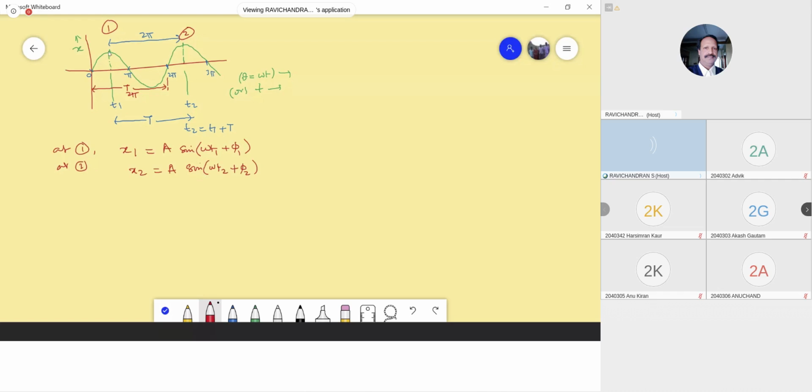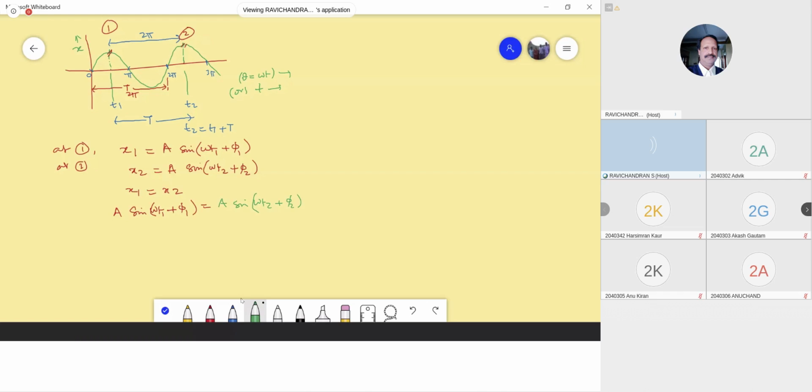Both of them are the peak point you have taken here. So this equation must be equal to this equation. Therefore, A sine of omega t1 plus phi 1 is equal to A sine of omega t2 plus phi 2.